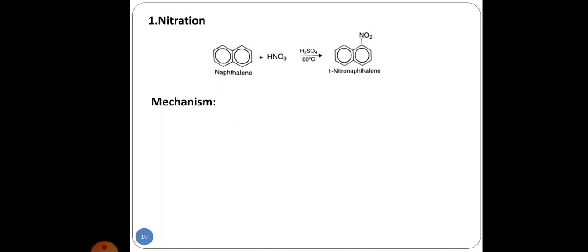Coming to the mechanism, the way the reaction proceeds. Here, the mechanism involves 3 steps. In step 1, the electrophile nitronium ion is generated.